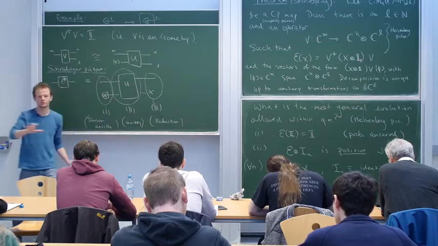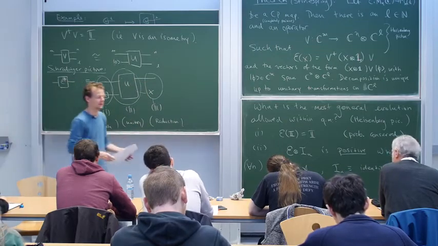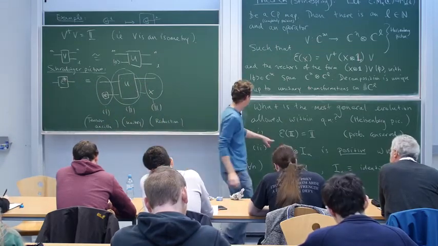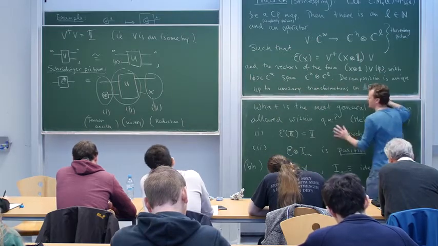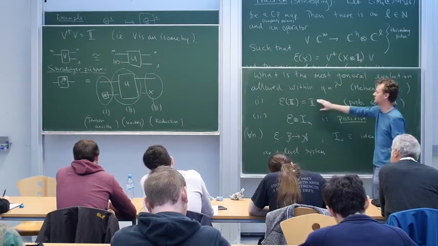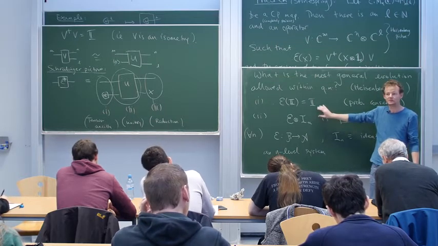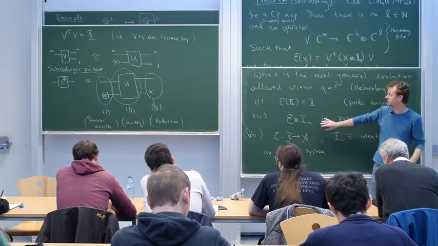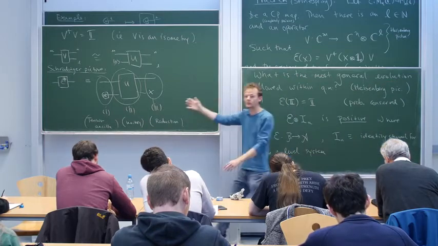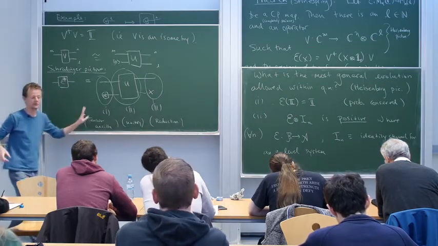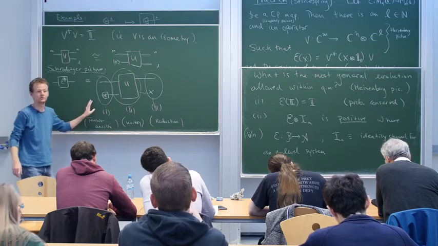So this theorem is a truly remarkable theorem. It says that if the bare minimum you demand from a quantum dynamics is that it satisfies these 2 axioms, then any such map that satisfies these 2 things here actually can be written as a composition of 3 of these allowed operations of quantum mechanics.